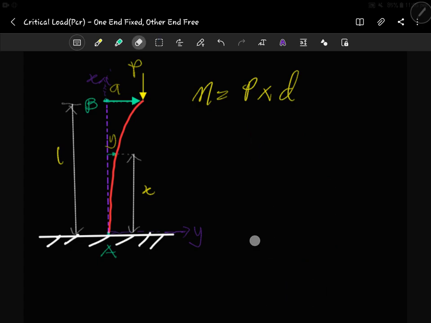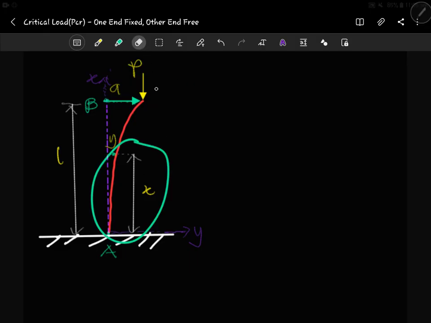Now, because we are considering a section at X here, the moment at that point is equal to the force P times the distance.